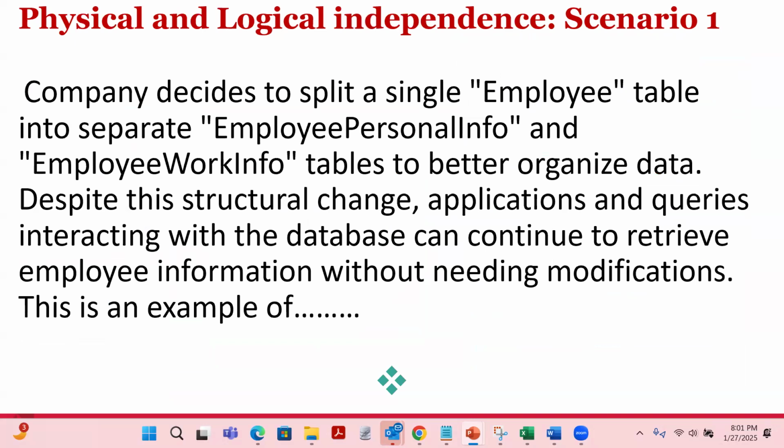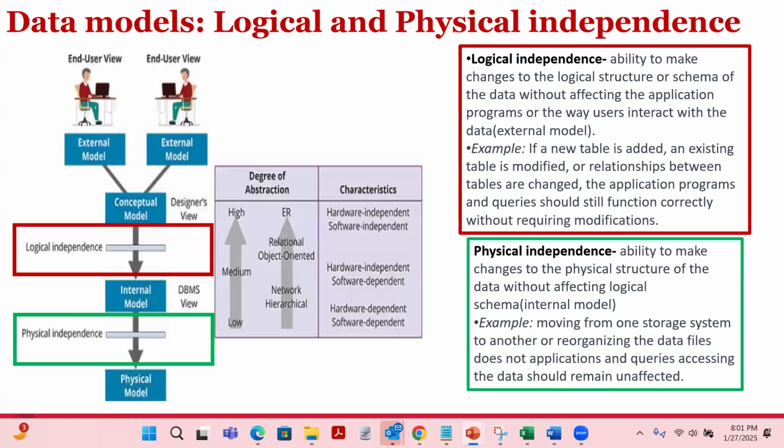So back to my explanation, the employee table lives on the database management view, right? So it's part of the internal model. Well, we're talking here about changing the internal model without changing how programs access the data.